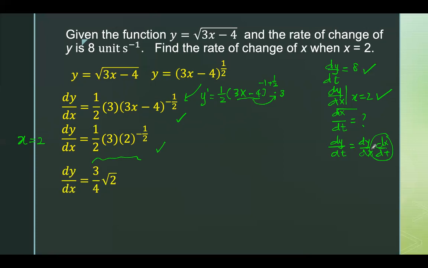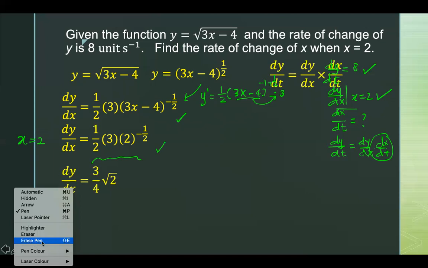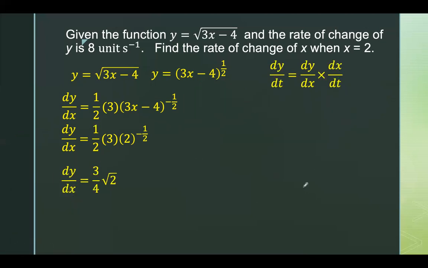So dy/dt is 8, and we substitute in: 8 equals 3 over 4 square root 2 times dx/dt. This one is simple maths. So what is dx/dt? dx/dt is 4 times 8, 32, divided by 3 square root 2.